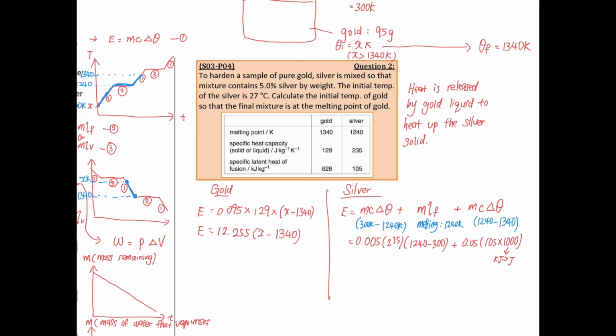It's a trap if they put it like this, so we must be very careful. Then we add up with the heating up of the silver liquid. The mass must be the same one, 0.005.